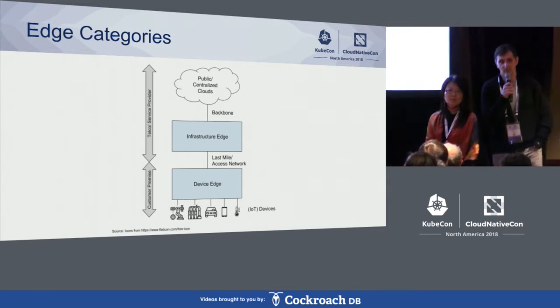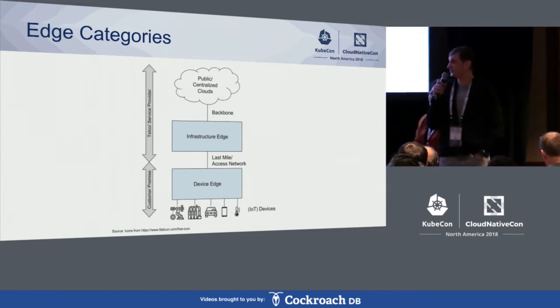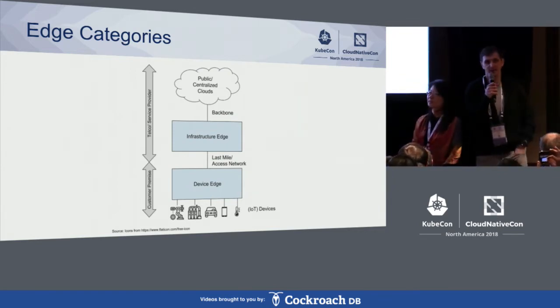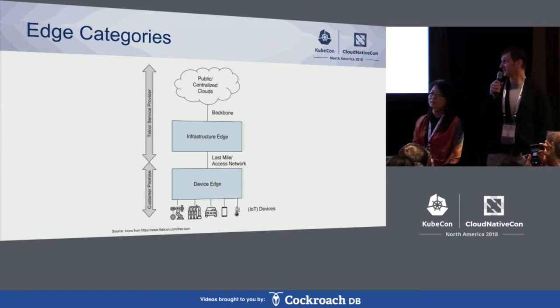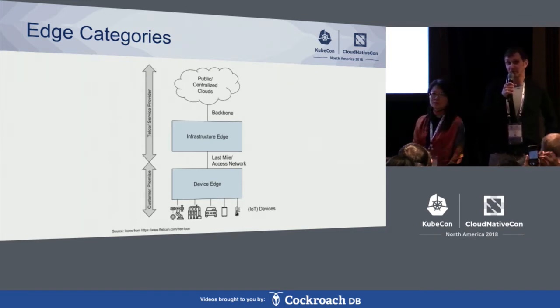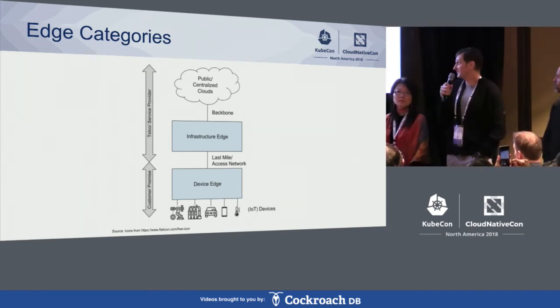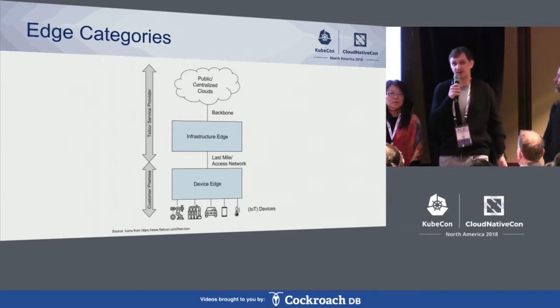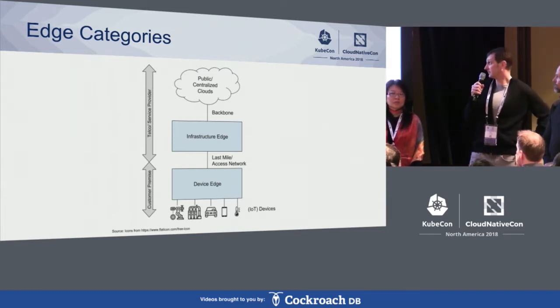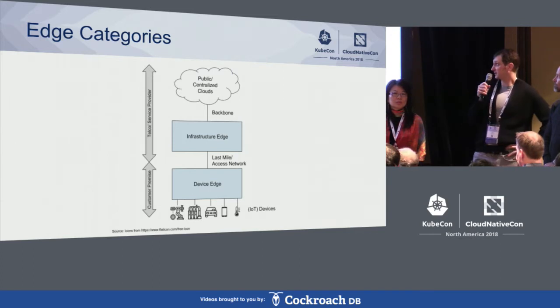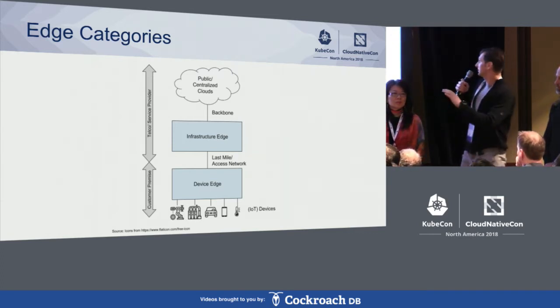Yeah, so when you start looking into all this, we figured out that whoever you talk to has a different aspect of what edge actually means to them. After some discussions and talking to different kinds of people, we realized that edge can generally be put into two broad categories.